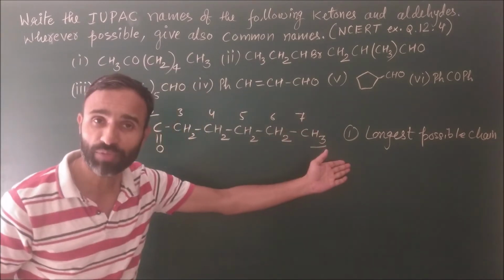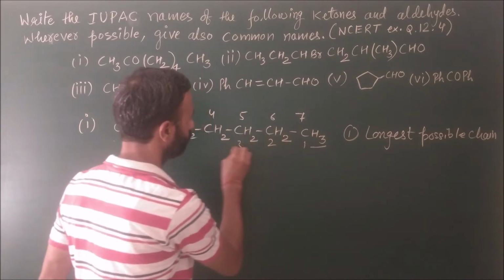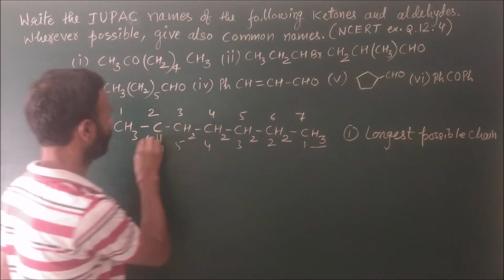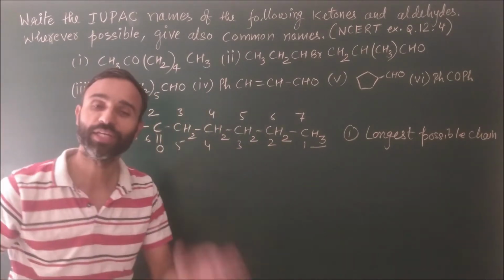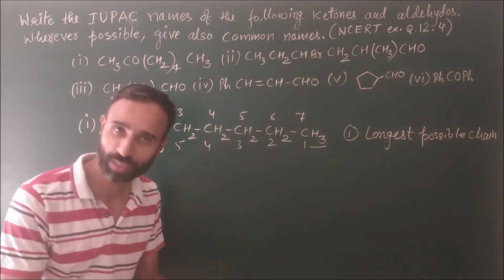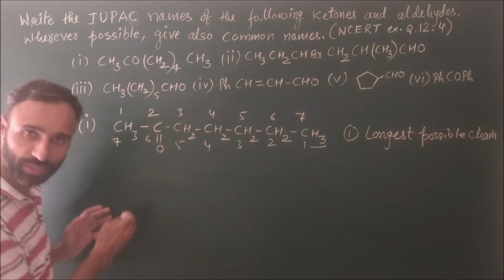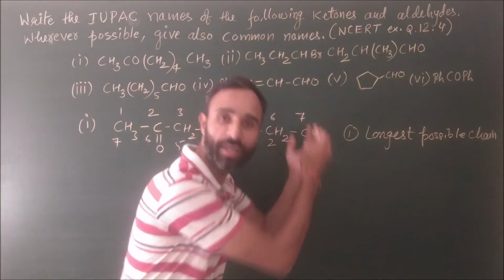Even if we start from the right side, 1, 2, 3, 4, 5, 6, 7. That means the longest possible chain is possible from both sides, whether we start from the left or from the right.